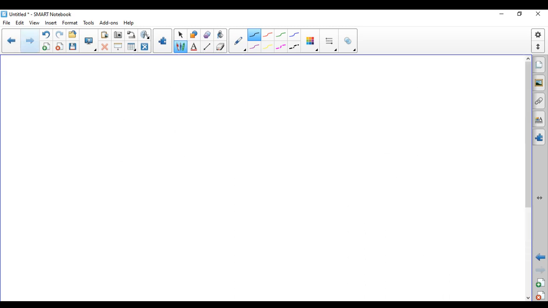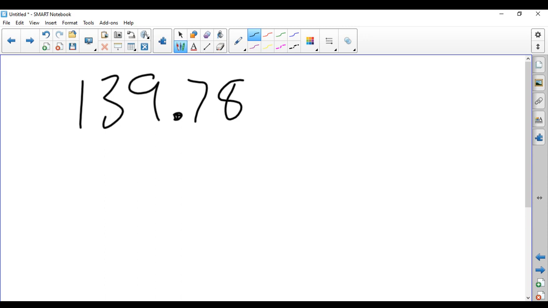We need the numbers to be in the order that they are in to keep the place value. We're taking this a step further now. Now I've got 139, but now I have a decimal. Whenever I'm talking about numbers, that decimal is the first place that I'm allowed to say the word "and". I'm not allowed to say one hundred thirty-nine. That's improper. I say 139 and I'm going to throw in a few numbers. Let's say 7, 8.